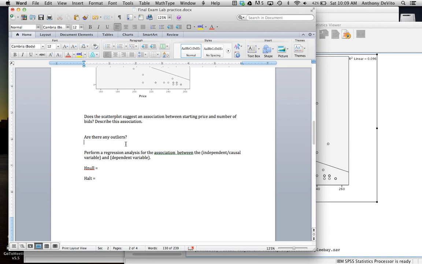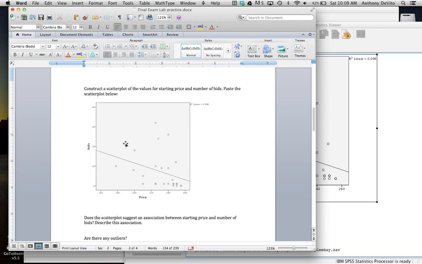We've already answered this question. Are there any outliers? Well, gee, it did look like there was an outlier, right? That value right there looked like an outlier. Well, what value is that? There are ways to turn on labeling when you do the charting. I'm not going to bother with that. For now, I'm just going to relate these two values. So in fact, this particular value was the highest number of bids, which was about, I don't know, 32.